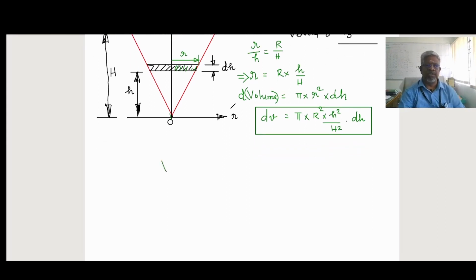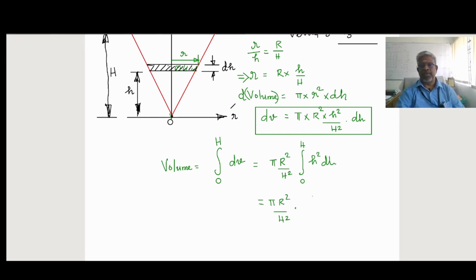The total volume of the cone is equal to the integral of dV, integrated over h from 0 to capital H. So this is pi R square by H square, which are all constants, so I can take them out. The integral of h square dh from 0 to H is h cube by 3, and applying the limits, it's pi R square by H square multiplied by H cube minus 0 by 3.